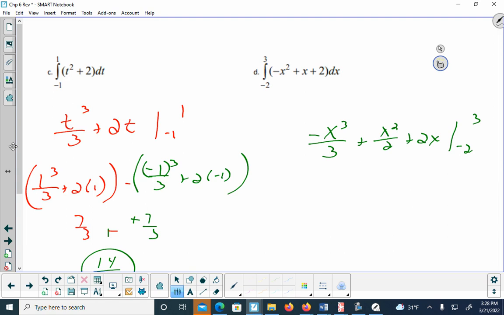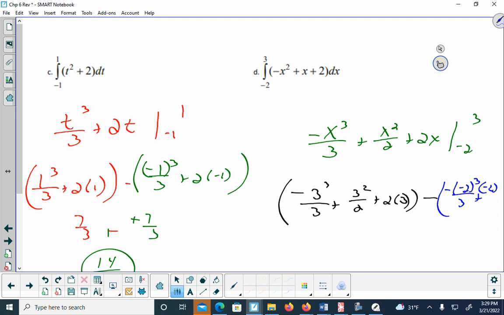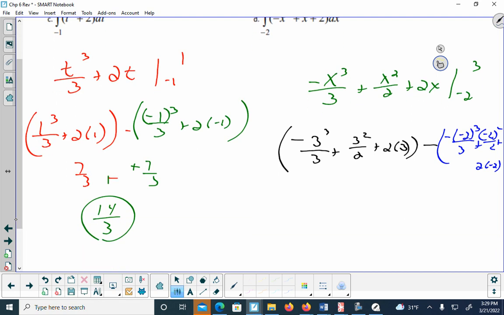Substituting in 3 first, I am going to have negative 3 cubed over 3, plus 3 squared over 2, plus 2 times 3, minus putting in the negative 2, so this is negative 2 cubed over 3, plus negative 2 squared over 2, plus 2 times negative 2. So when I substitute in 3, and I hope that you're using your calculator to make this go a little faster, I get 3/2 minus negative 2/3. My final answer is 5/6 or 0.83.